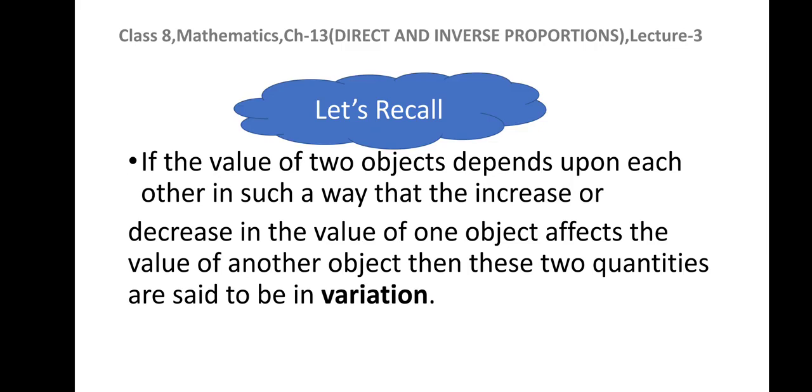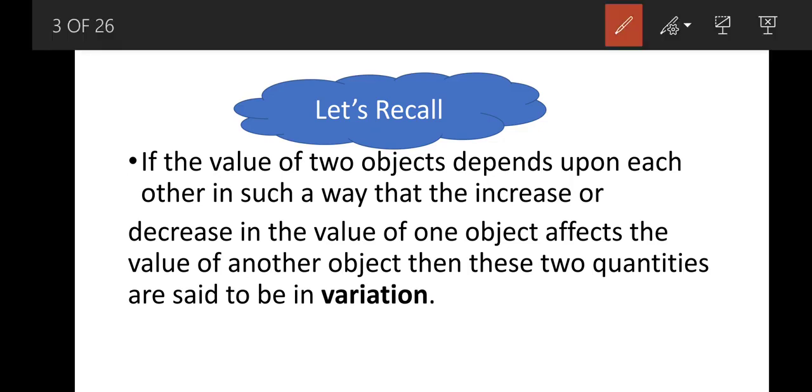Dear children, first of all, it is very important to understand the meaning of variation or proportions. So, two quantities are said to be in variation if increase or decrease in one quantity causes the increase or decrease in other quantity. So, let us have a look at a few examples.